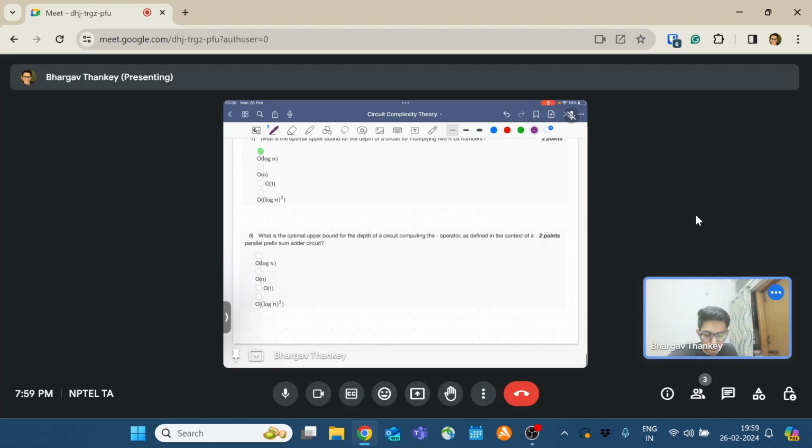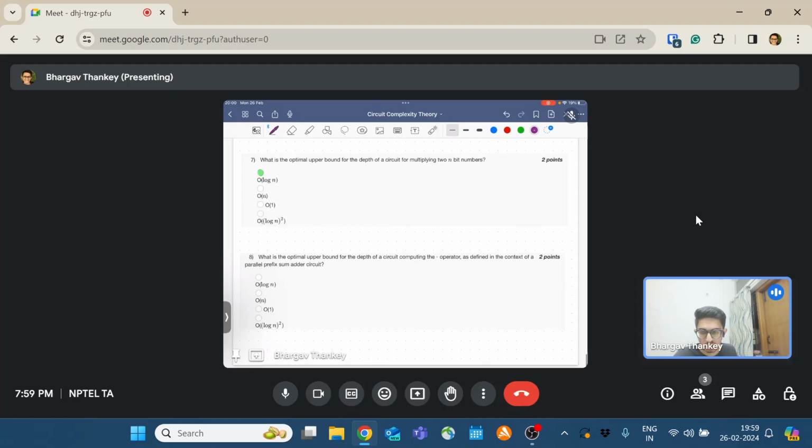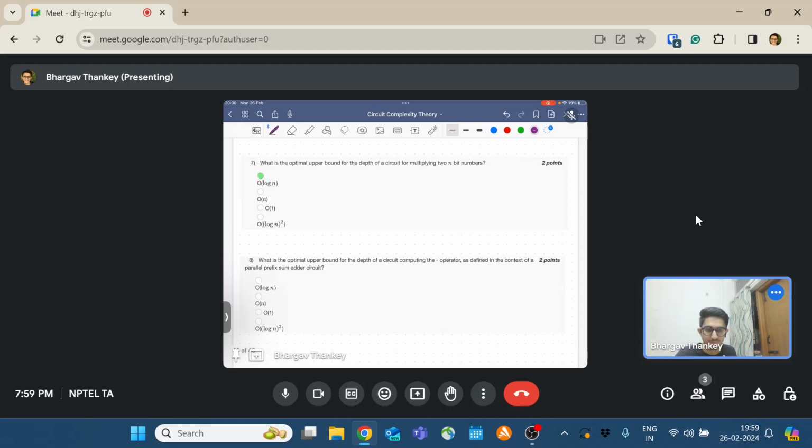Do you know the optimal upper bound for the depth of a circuit computing the dot operator, as defined in the context of a parallel prefix sum adder circuit? Order log n, order 1, or order log square n? I don't know the answer.